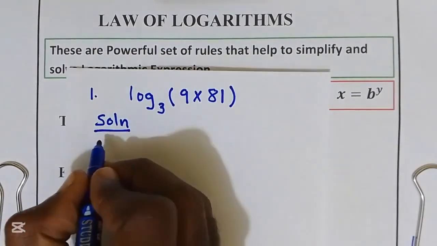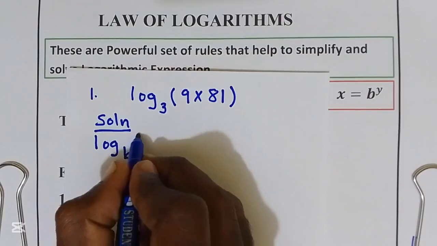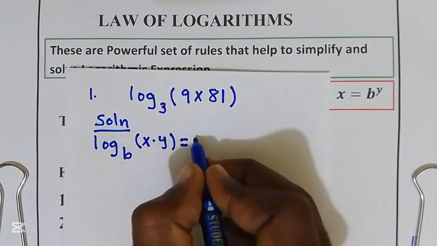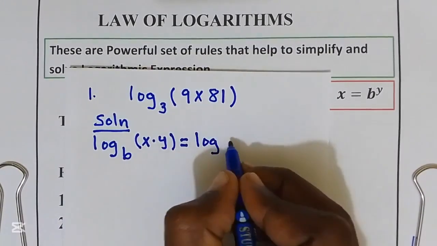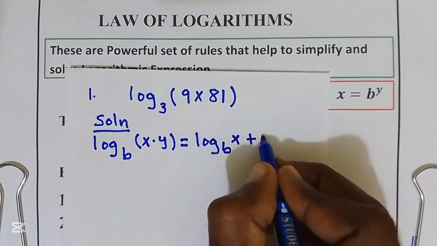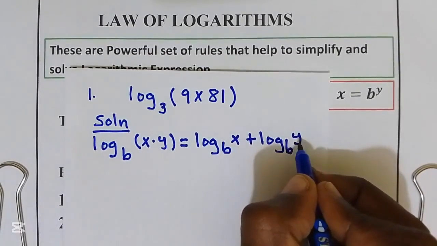We know if we have log base b of x multiplied by y, this is equal to log base b of x plus log base b of y.